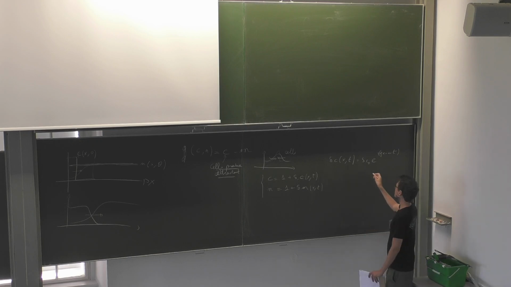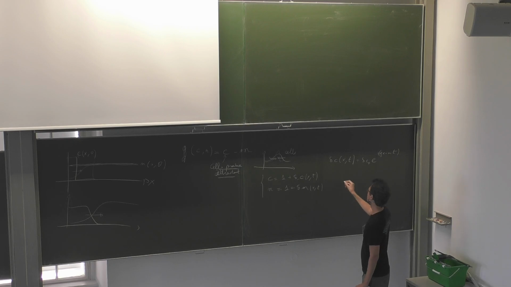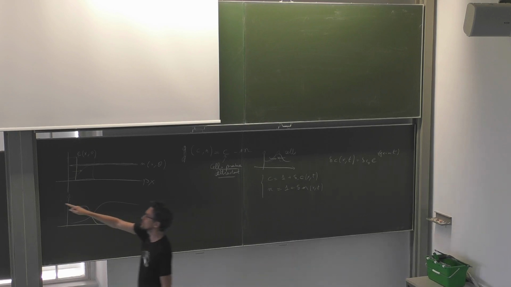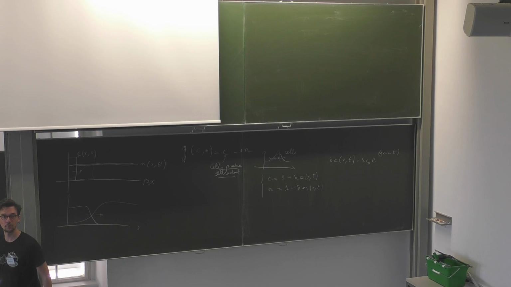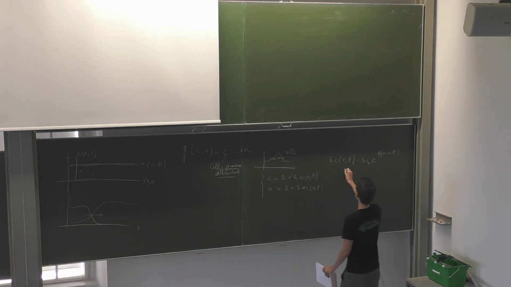If you plug these two things into these equations, which is relatively simple to do, you get a second-order polynomial equation in omega.